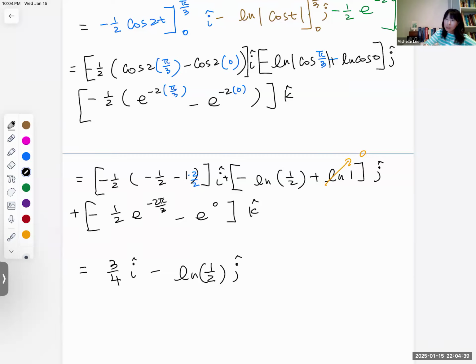And e to the 0 is 1. So we get negative 1/2 times e to the negative 2 pi over 3 minus 1, k hat. Yeah. So that is the final answer.